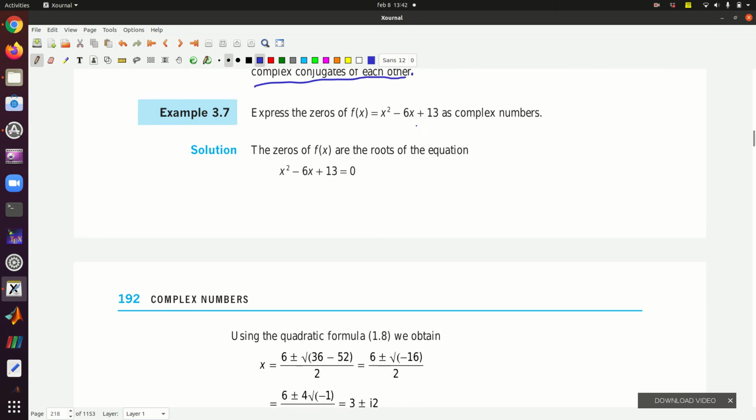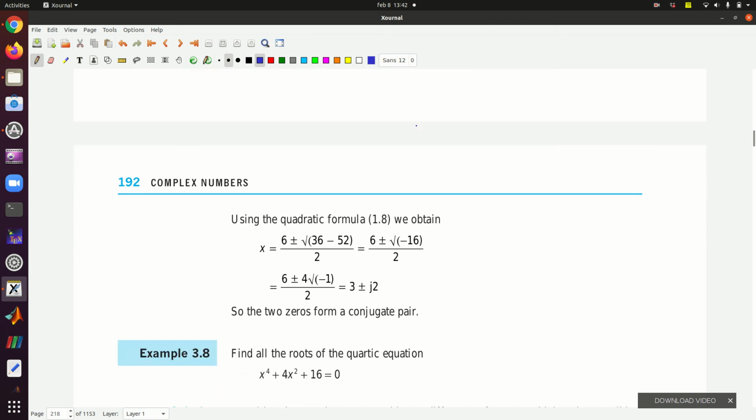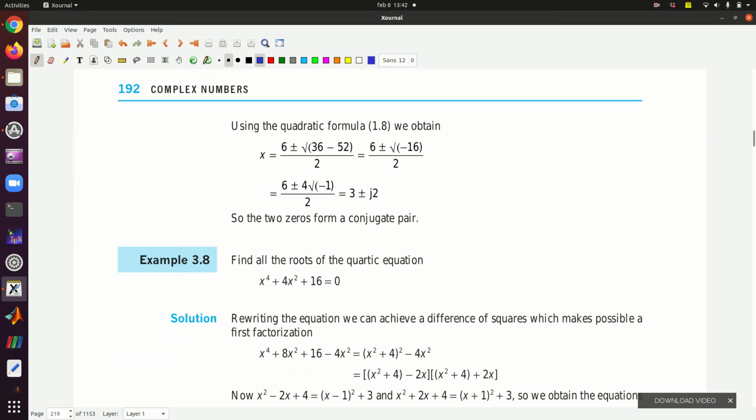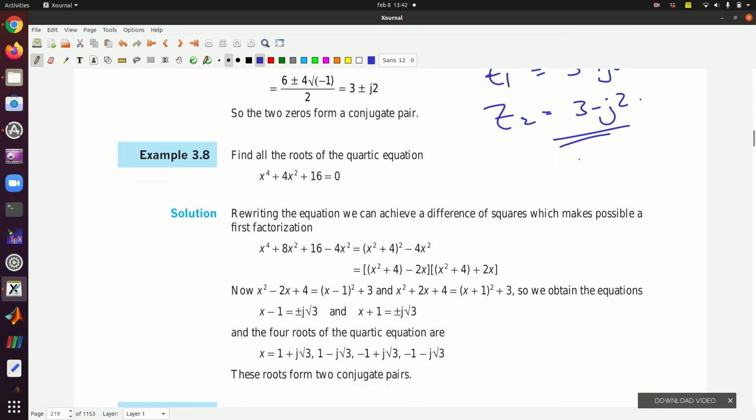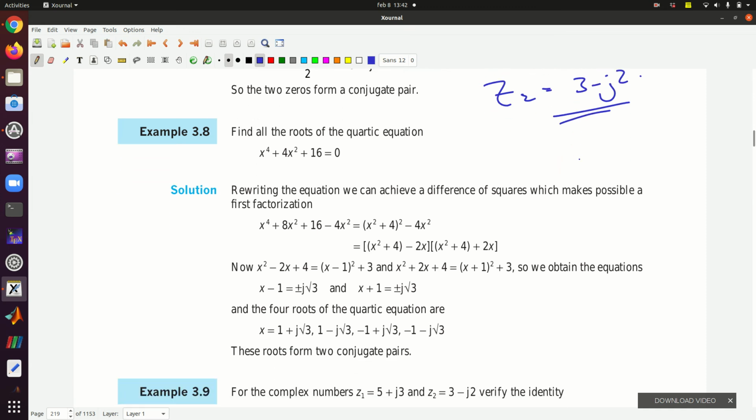So if this is irreducible and we use the quadratic formula, then we can say that these two zeros form a conjugate pair, because z1 is 3 plus 2j and z2 is 3 minus 2j. So these are complex conjugate pairs of each other. Then what else? These are just other examples.